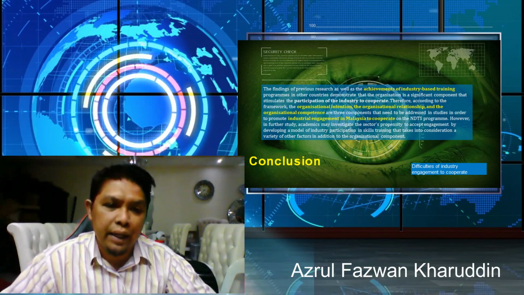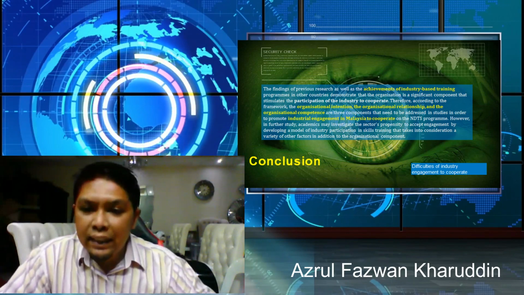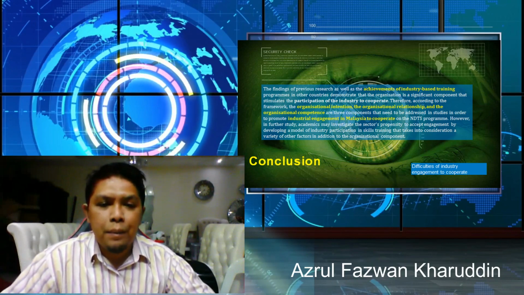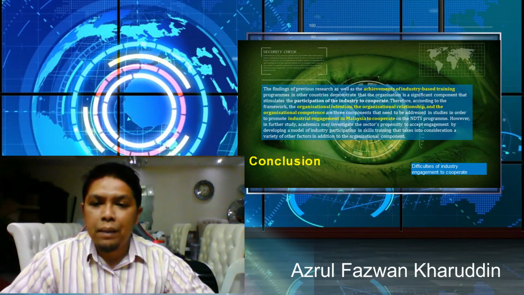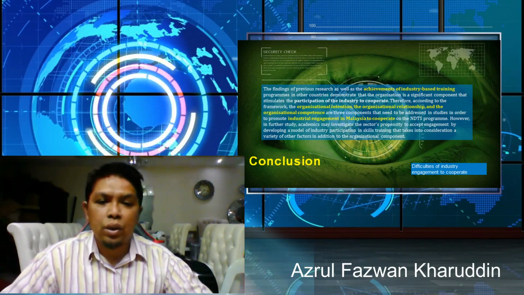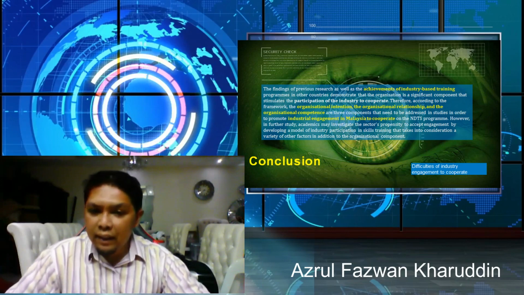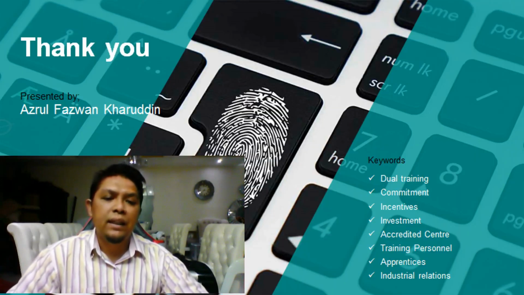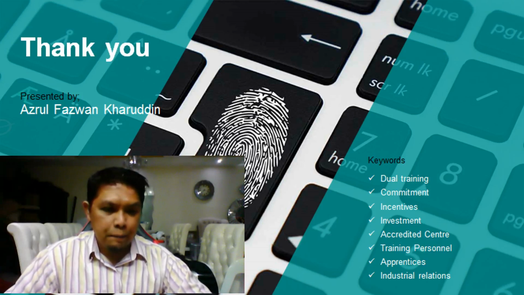However, in further study, academics may investigate the sector's propensity to accept engagement by developing a model of industry participation in skills training that takes into consideration a variety of other factors in addition to organization competence. So this is the difficulty of industry engaging with this program.